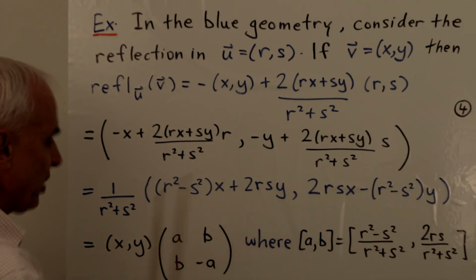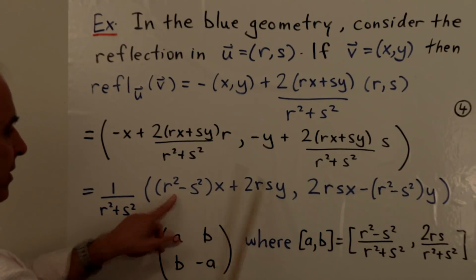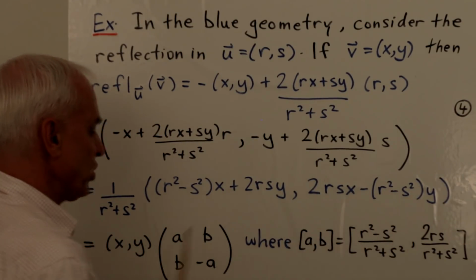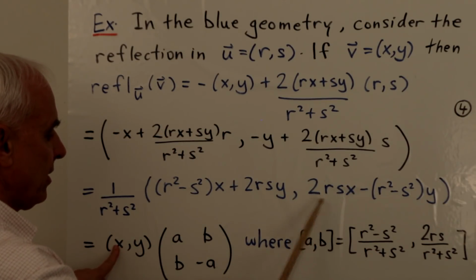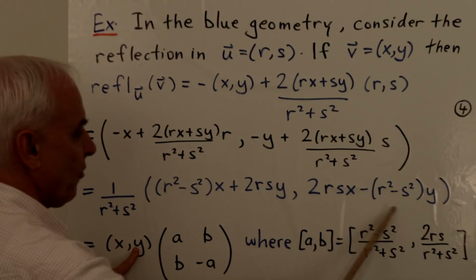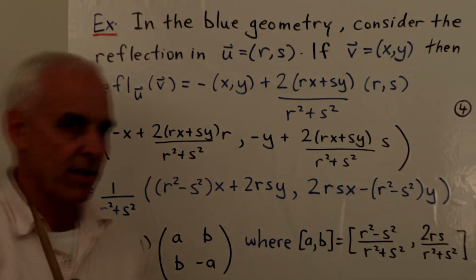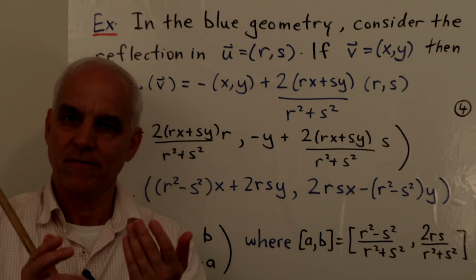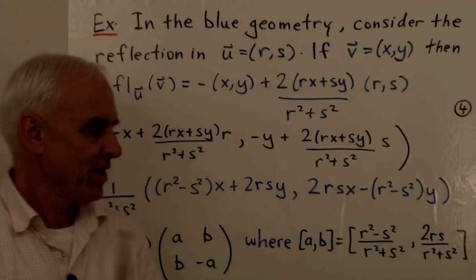So this first expression is a times x plus b times y. And the second expression is b times x minus a times y. So here's where we're getting the formula for the reflection that we wrote down.